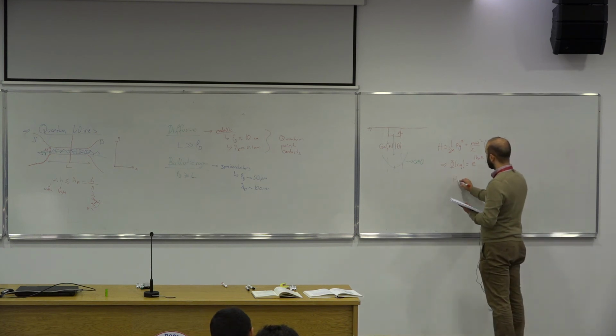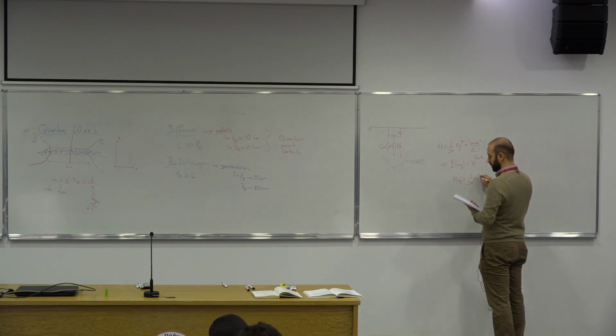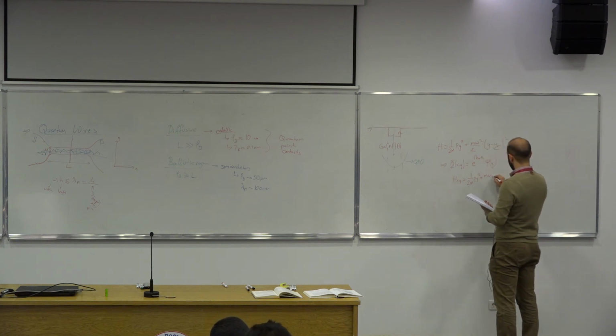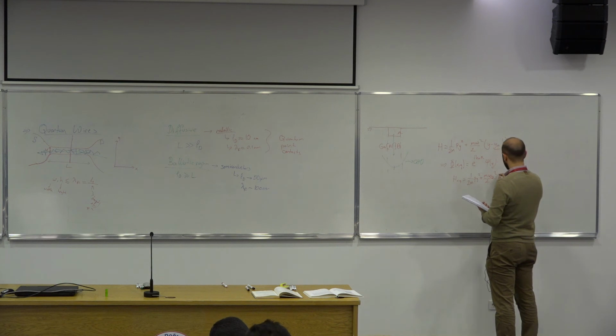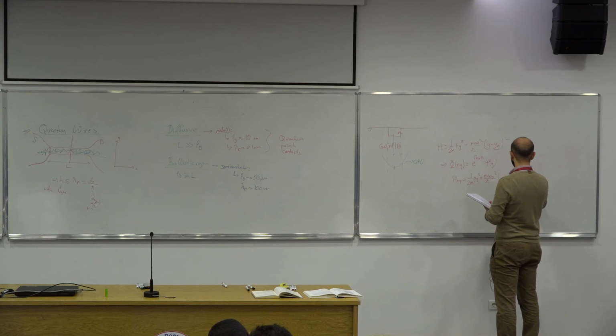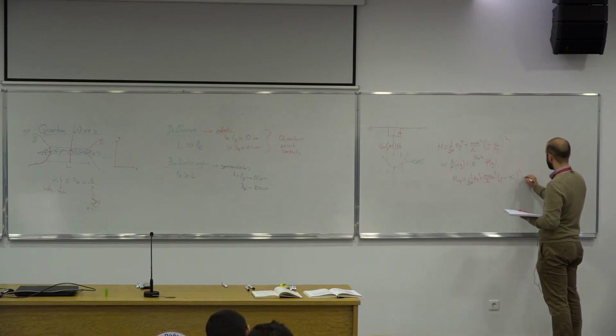Then the Hamiltonian in the xy plane is going to be something like 1 over 2m p_y squared plus m omega_b squared divided by 2 times (y minus y_n prime) squared. I'll explain why I have a prime there. Then h bar squared k_x squared omega_0 squared divided by 2m omega_b squared.